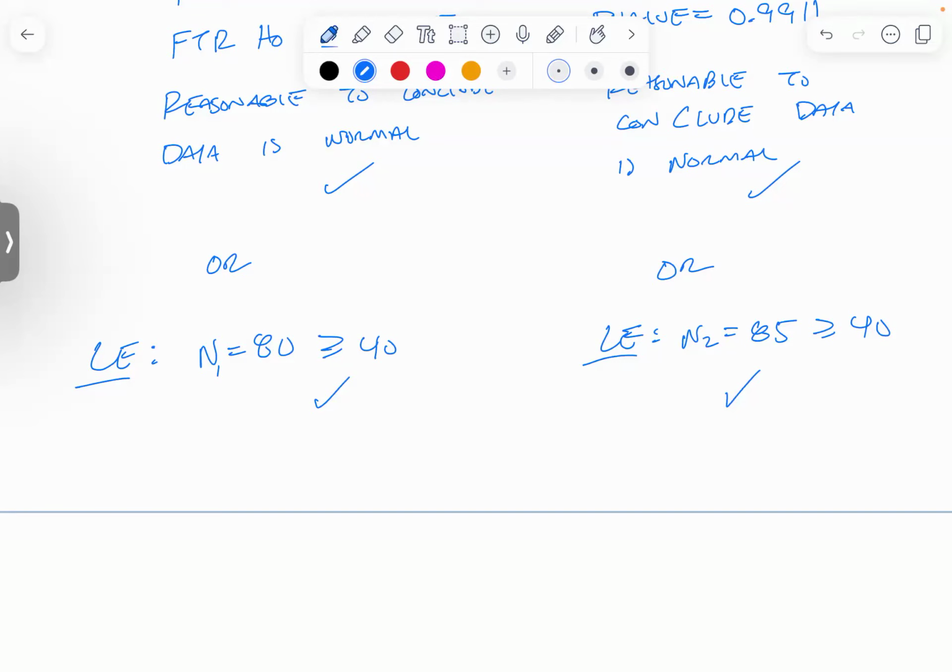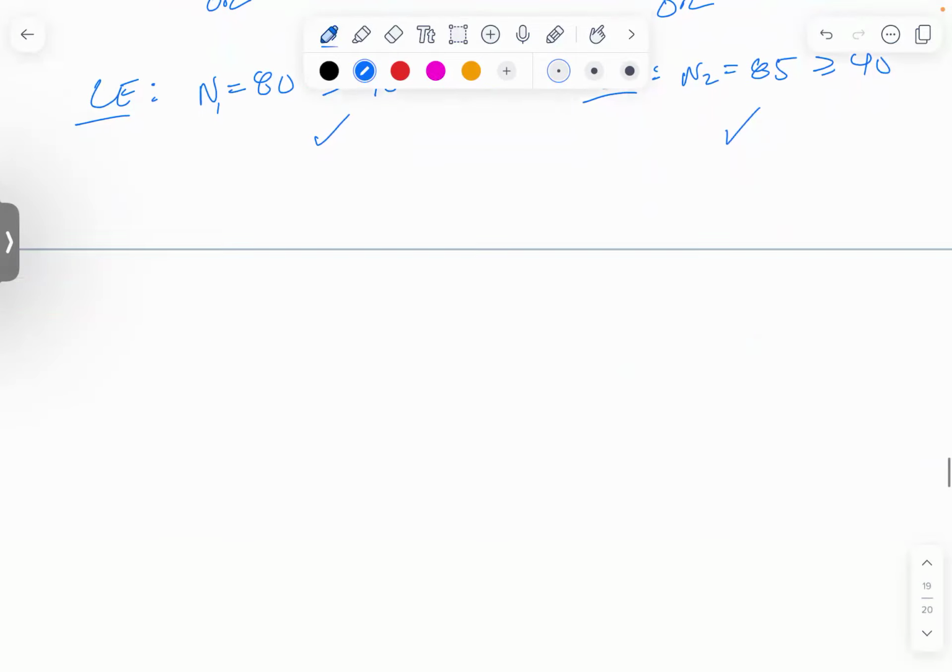But the point is, all 8 conditions were met, all 8 things to possibly check, even though we only needed 2. We needed 1 for each sample.